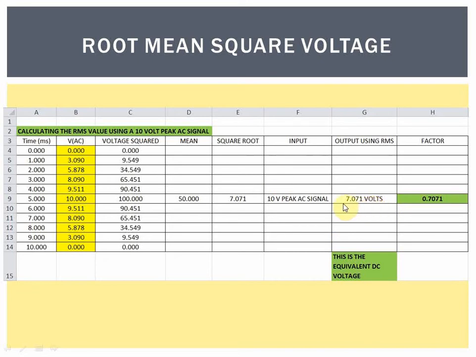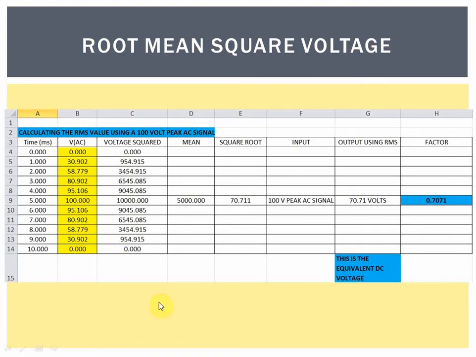So the factor between these two is this here. If I took this number 10 and multiplied by this factor, I get this voltage. So for a 10 volt peak AC signal, it really produces an RMS voltage of 7.071 volts.